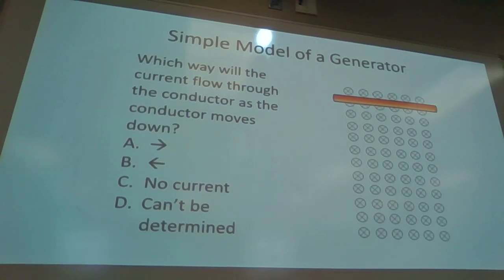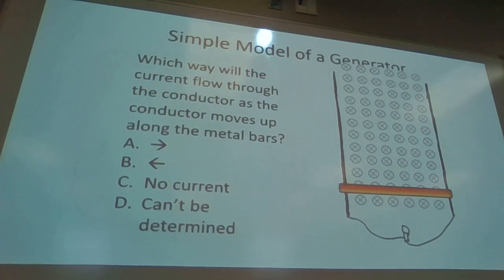Okay, electrons are motivated, but in order to get a current, you need a circuit. Okay, so now it is wired in a circuit, so it's the other way.